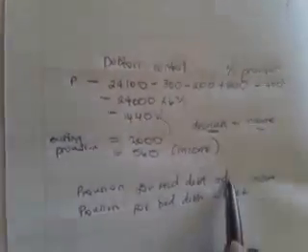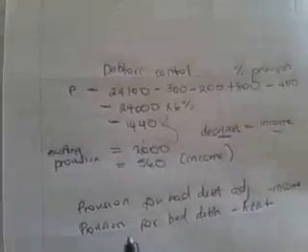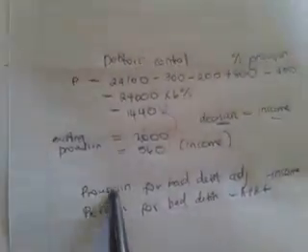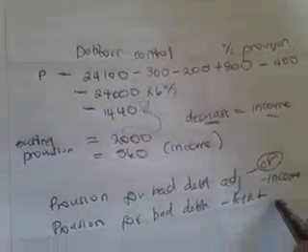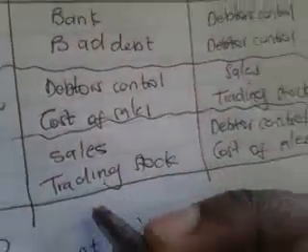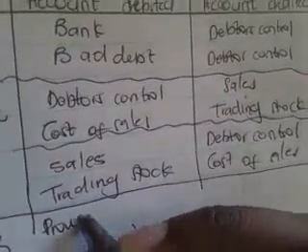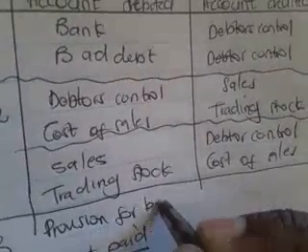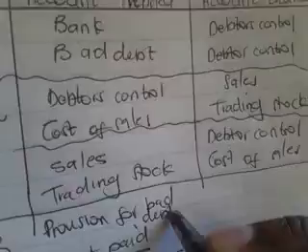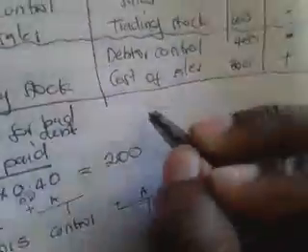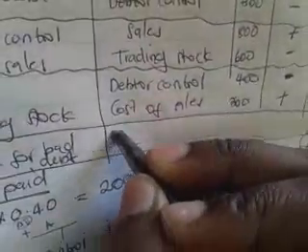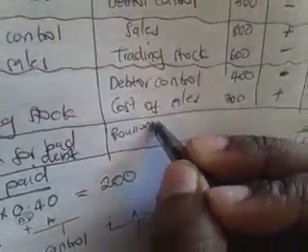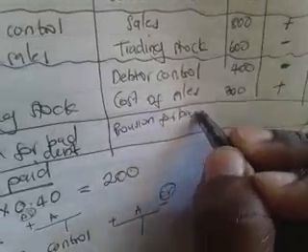We know that incomes are credited, expenses are debited. So this is going to be credited, this is going to be debited, right? So you'd say your provision for bad debt, which is an asset, and then you have your provision for bad debt adjustment, which is an income.